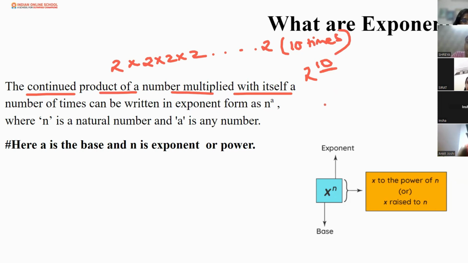Is it clear? Now, when you write exponents, let's say I'm writing 2 to the power 10, this 2, the one which you have repeatedly multiplied, is called the base. And the power, or the number of times you are multiplying that base, is called the exponent or power.